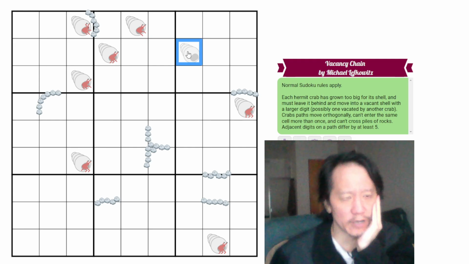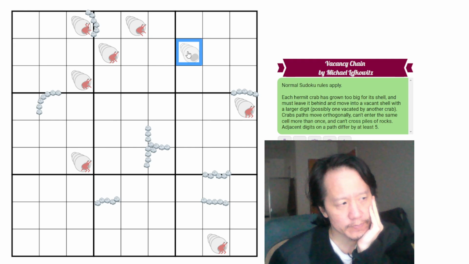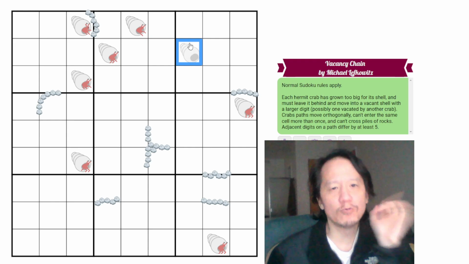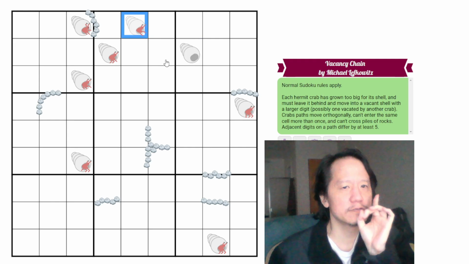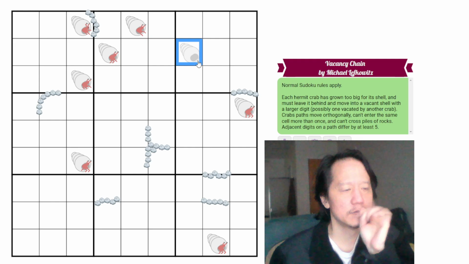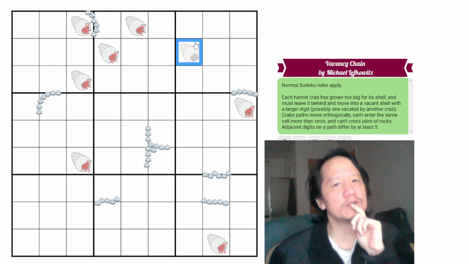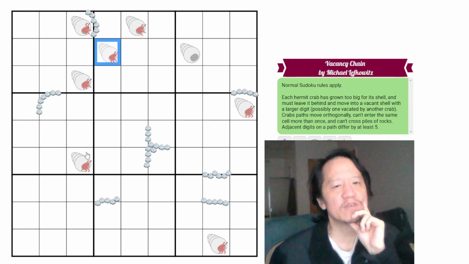This has to be a highest number, right? If it's not the highest number, what happens if this is not the highest number? There's obviously one crab that goes there, right? Because each one has to go to a higher number. One of them has to be the lowest number, obviously.